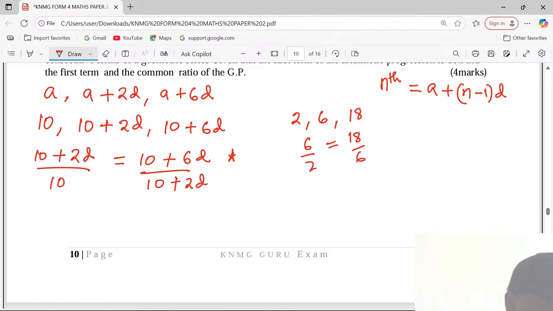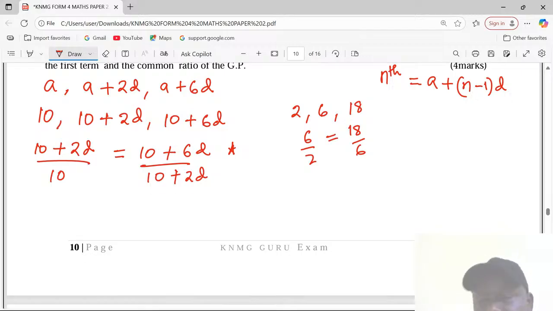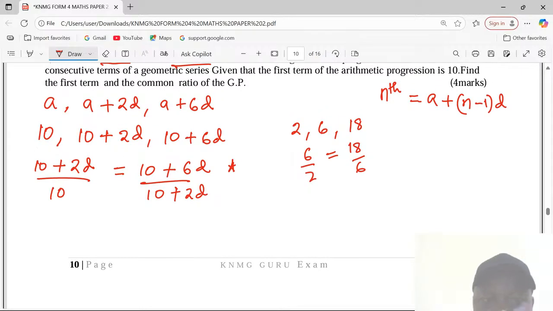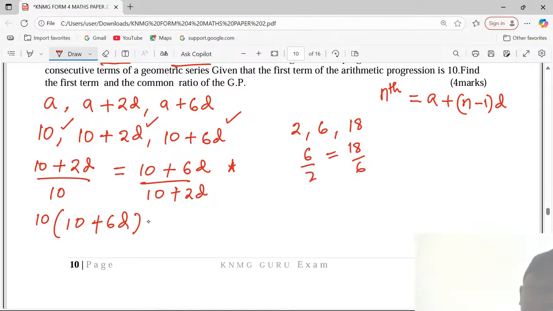So through the knowledge on what a GP is, we can now relate. We can say this second term over the first should be the same as the third over the second. A cross multiplication will now give us 10 into 10 plus 6d equals to 10 plus 2d into 10 plus 2d, that way.